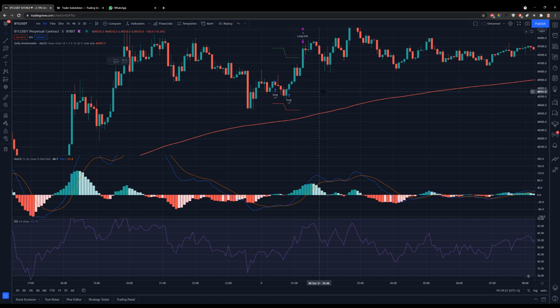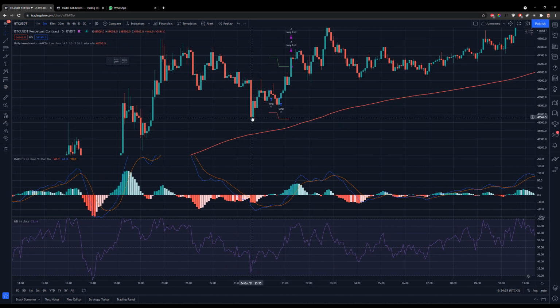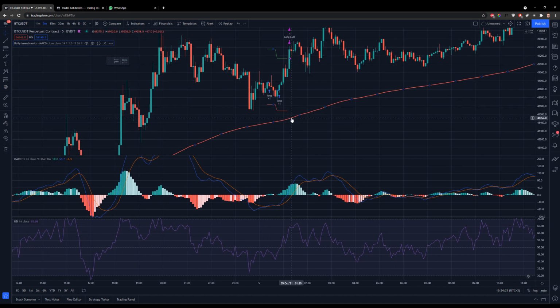What I wanted to create with this indicator is that if the price is above the EMA 200, that means you are in an uptrend, and we only take long positions when we are that. And I wanted a bullish crossover of the MACD when it is below the 0 line, which is a bullish sign that the price is going to increase.